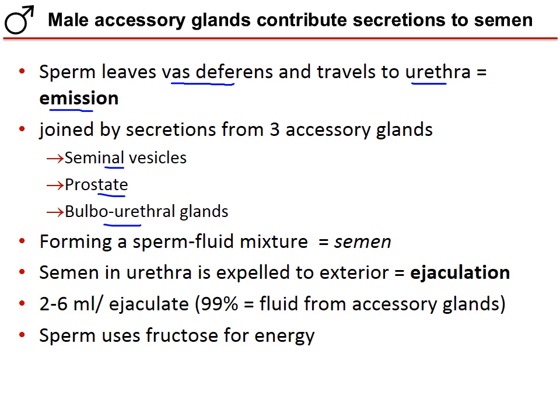This forms a sperm fluid mixture known as semen. When semen in the urethra is expelled to the exterior, it is called ejaculation. So there is a difference between ejaculation and emission. Each ejaculate is about 2 to 6 mL, and the main nutrient that sperm uses for energy is fructose.